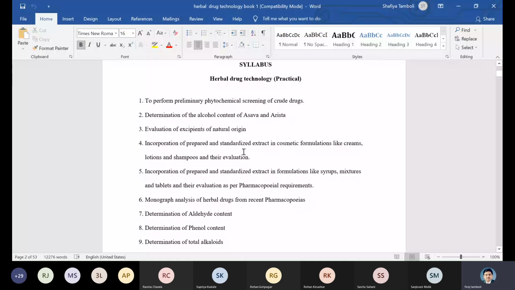Here, it means herbal plants used particularly in lotions and shampoos. For example, shikakai, which is used very well in shampoos. We know Brahmi, Amla, and Bhringraj; they are very well known. So you should have a prepared and standardized extract, which is then incorporated into the different cosmetic formulations, like lotions and shampoos.